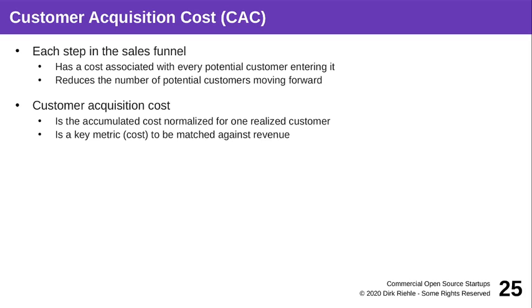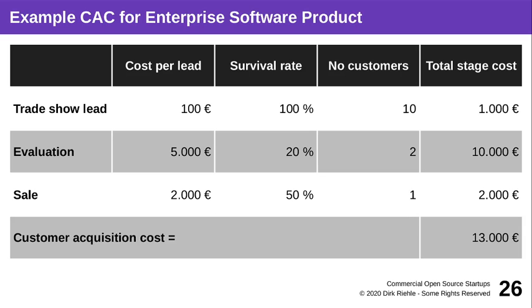So the so-called CAC, customer acquisition cost, is a key metric for many businesses, certainly for software vendors, because that is the cost you have to acquire a customer before they even make the first payment. Obviously, you want to make more money off them, generate more revenue than the customer acquisition costs you in the beginning. So let's take a look at this key metric.